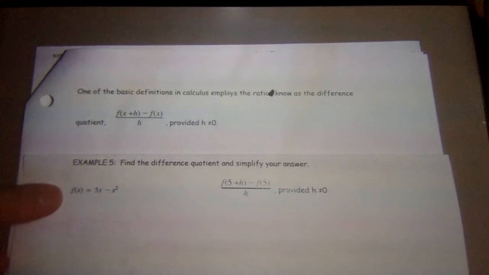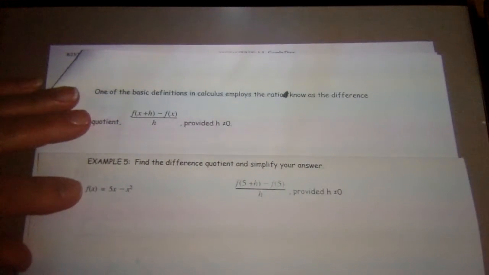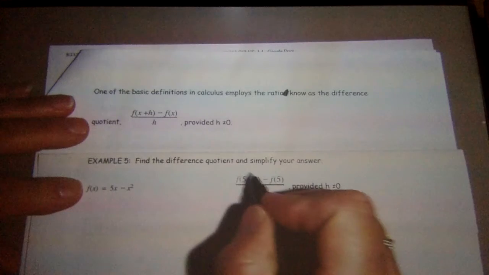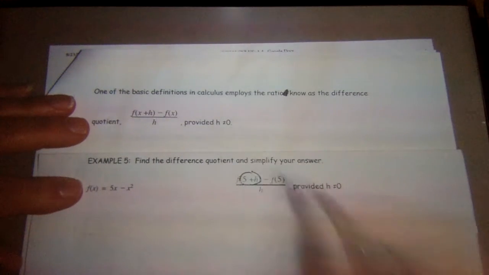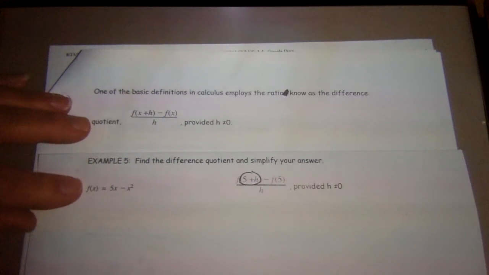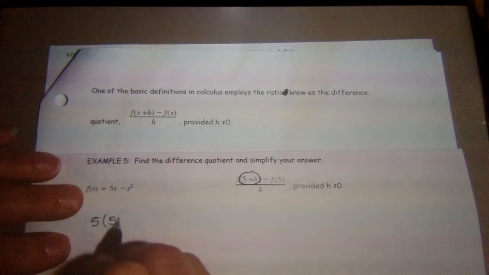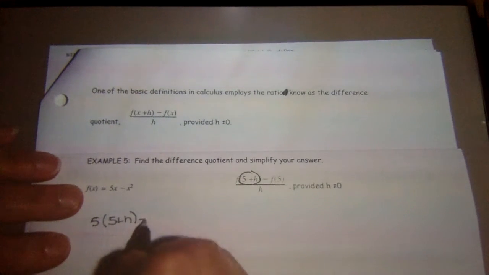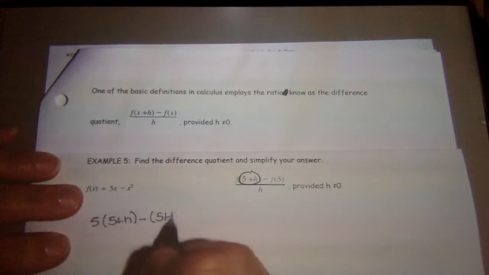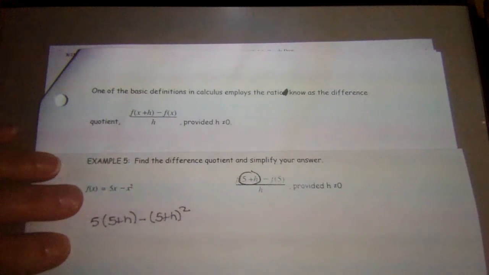Well, here's my f function. So what am I going to do first? Where does this go? For x. That goes in here for x. So that's going to be 5 times 5 plus h minus 5 plus h squared.